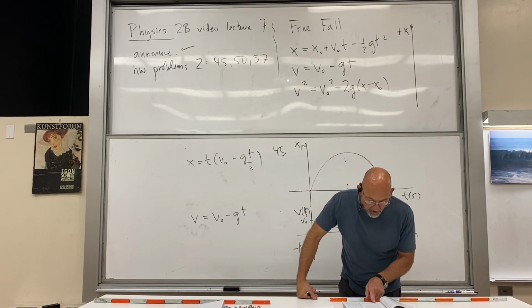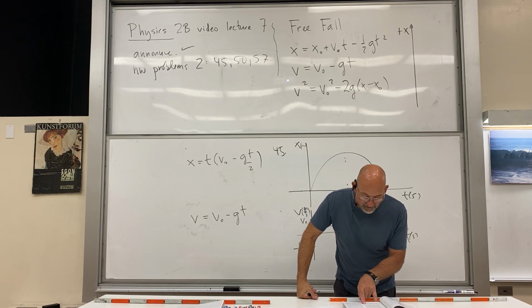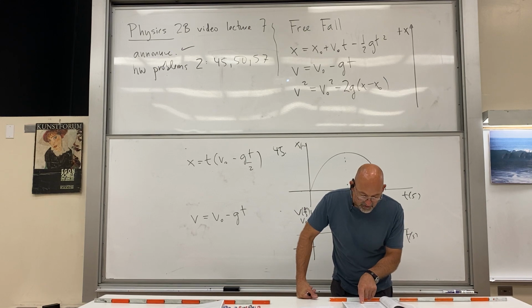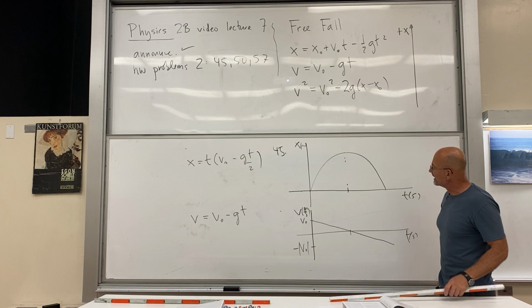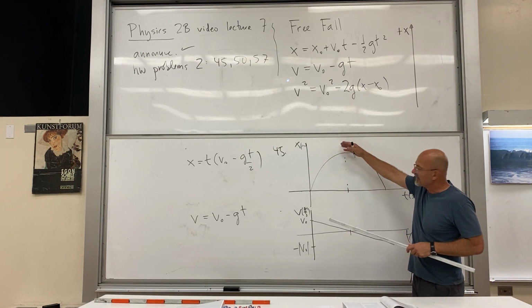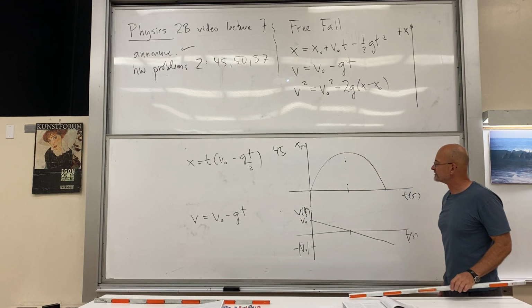Just to go back to the problem in front of us, we were given 25 meters per second. We want to find how high it rises, how long it takes to reach its highest point, and how long it takes the ball to hit the ground after it reaches the highest point. All of those questions, A through D, are just obtained by the analysis of these formulas right here.